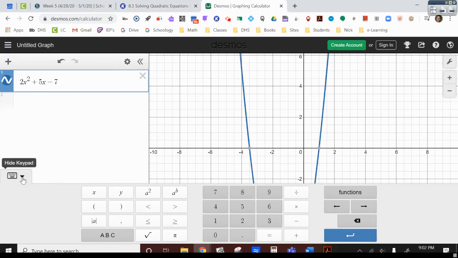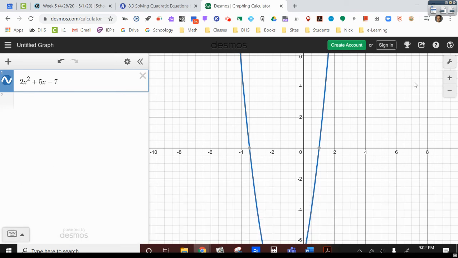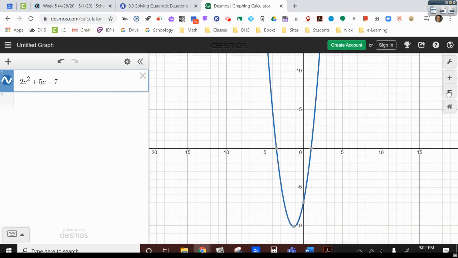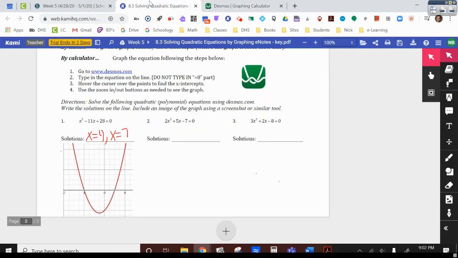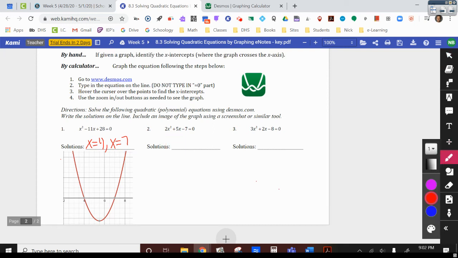And there's my graph. I can hide the keyboard. I can't really see the bottom, so I'm going to zoom out just a little bit. And here we go. My one x-intercept is negative 3.5, and my other one is at 1. Those are my two solutions, so x is equal to negative 3.5, and x is equal to 1.